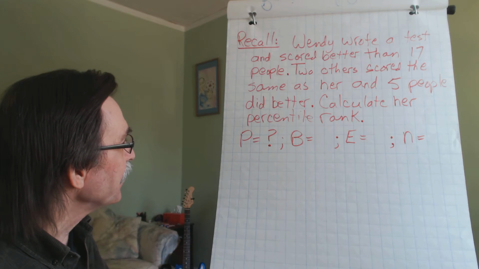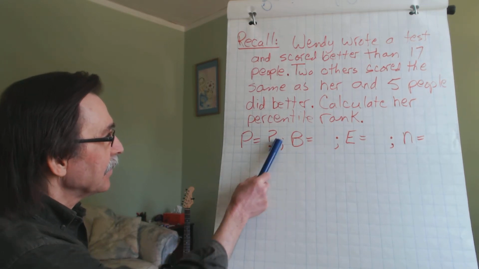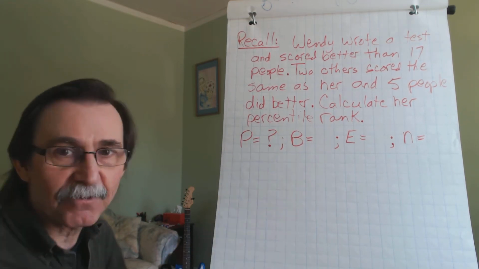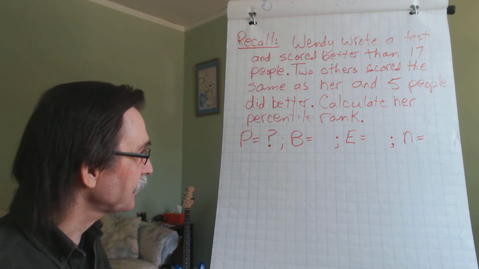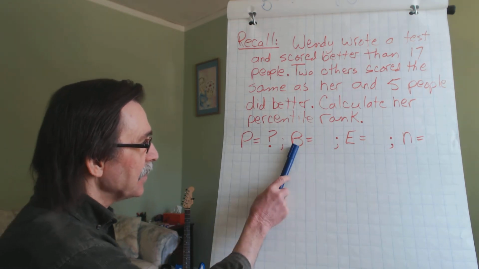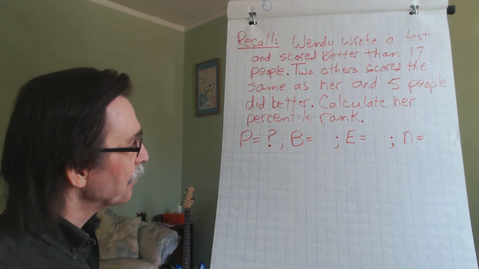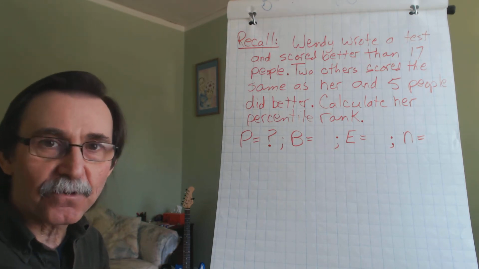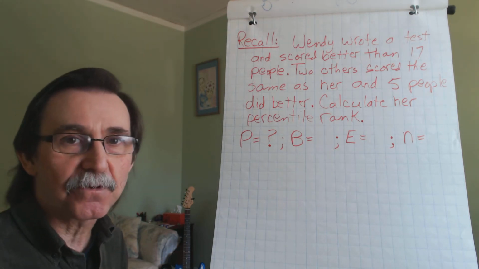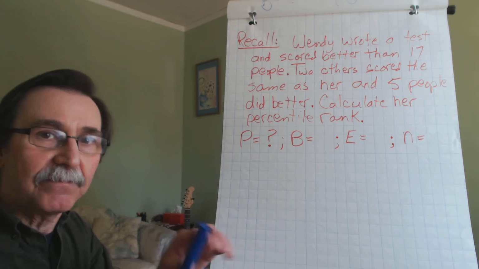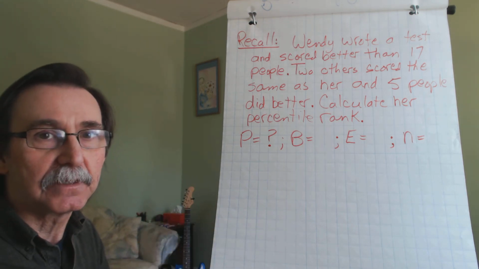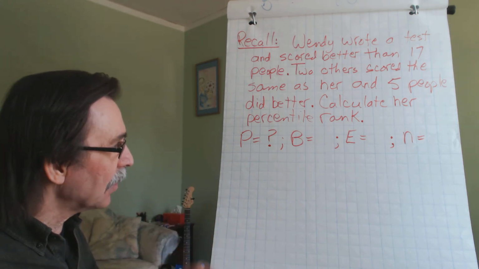Okay, so the percentile, P, we're looking for that, so it's got a question mark beside it. B, now remember the definition for B was the number of scores below a given score. Now sometimes we might actually give you the score, but not always.